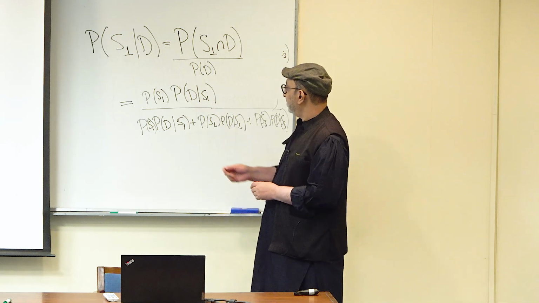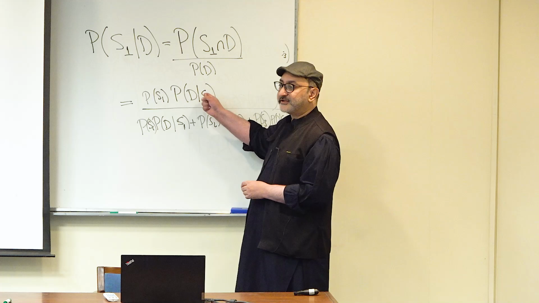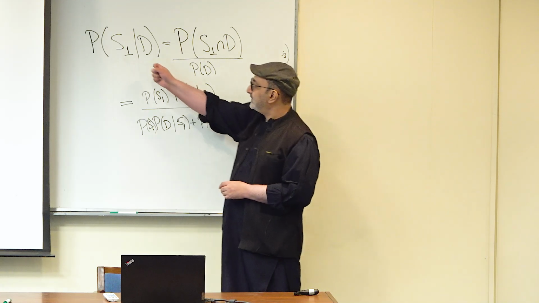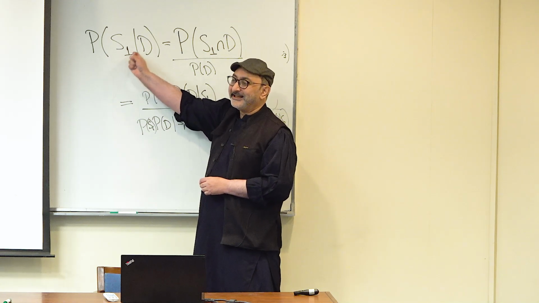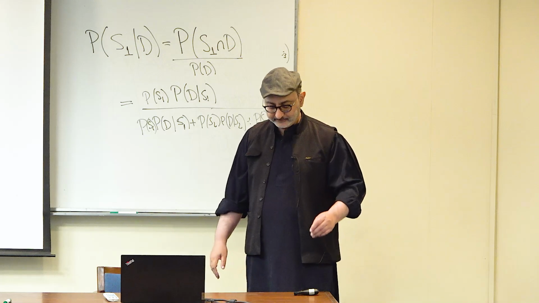As I said, quite often you have A intersection Bi, but what you want is probability of Bi given A. So Bayes' rule can help you do that.